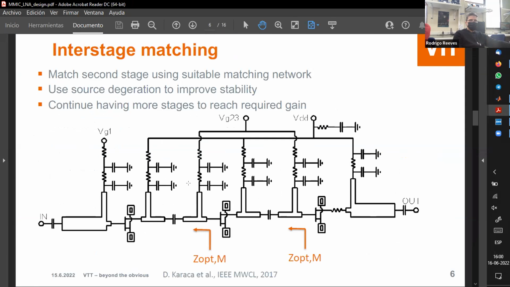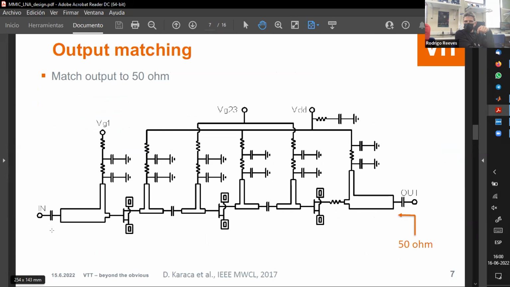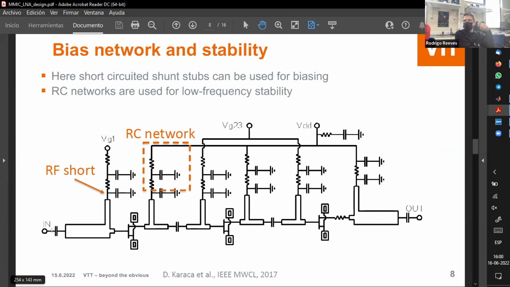This one? Yep. So we are now talking about the first capacitors after the biasing stub. You mean this one? Okay, go one slide down, I think. One more. Okay, here.